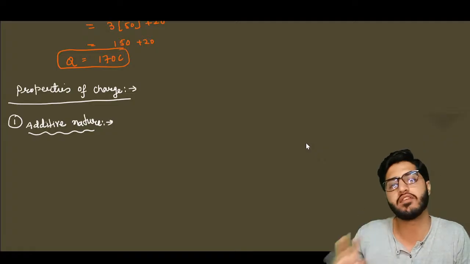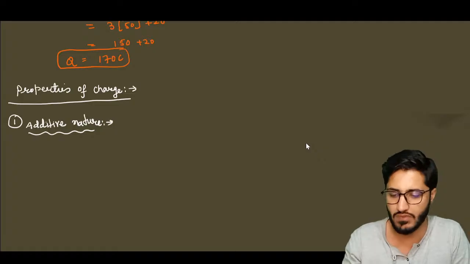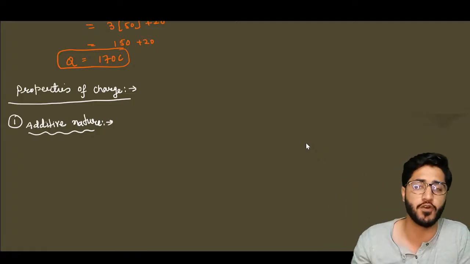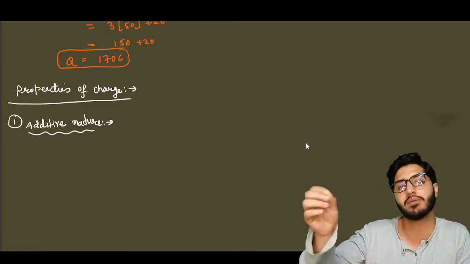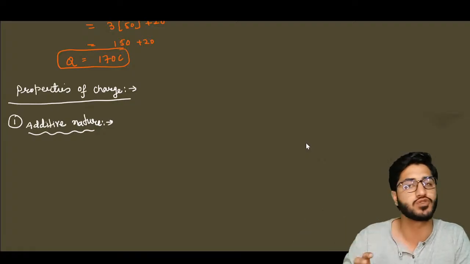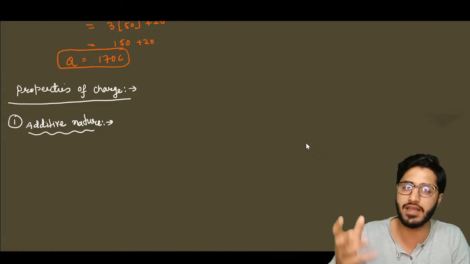If somebody will ask you what is the addition of 2 and 2, you can write 2 plus 2 is 4. If somebody will ask you what is the addition of 10 and 5, you can do 10 plus 5 is 15. If somebody will ask you what is 20 minus 10, you can write 10. Okay. In the same manner, you can apply this concept here.